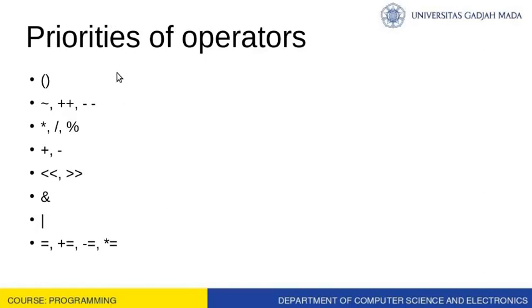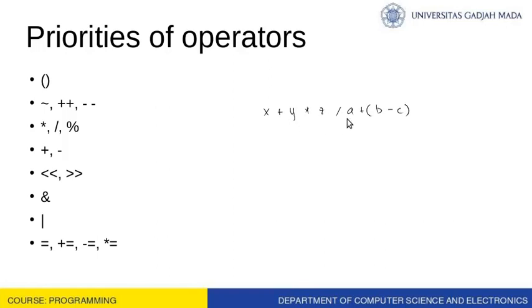Okay, and this is the priorities of the operators that we have learned. So the first priority, if you have variables, or you have some operators in your expression, suppose you have x plus y multiplied by z and then divided by a plus b, c, like this.